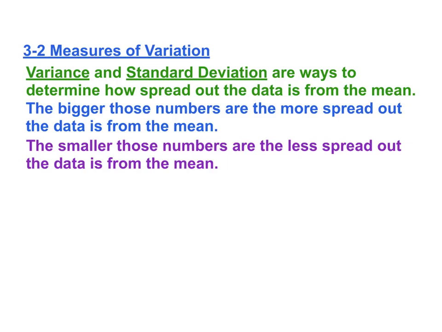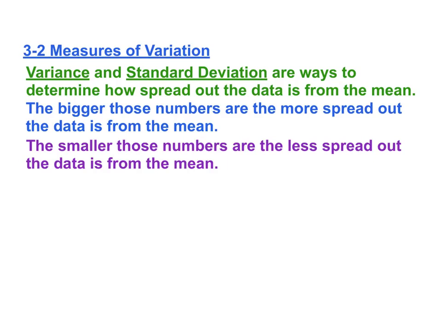So the question is, Anthony's question is, why do we care? Why do we care how spread out numbers are from the mean? Again, with statistics, we're trying to make a conclusion about the data in some form, depending on what the study is, okay? And you're looking for trends. So if the data is really spread out from the mean, meaning it's really spread out, period, the people that are being surveyed or the study, the experiments, the data that's being collected, you're not seeing a trend because it's kind of all over the place.